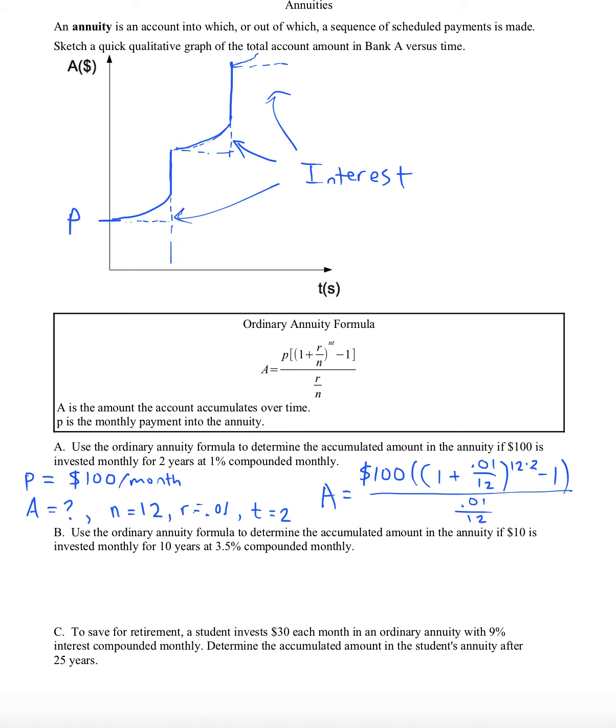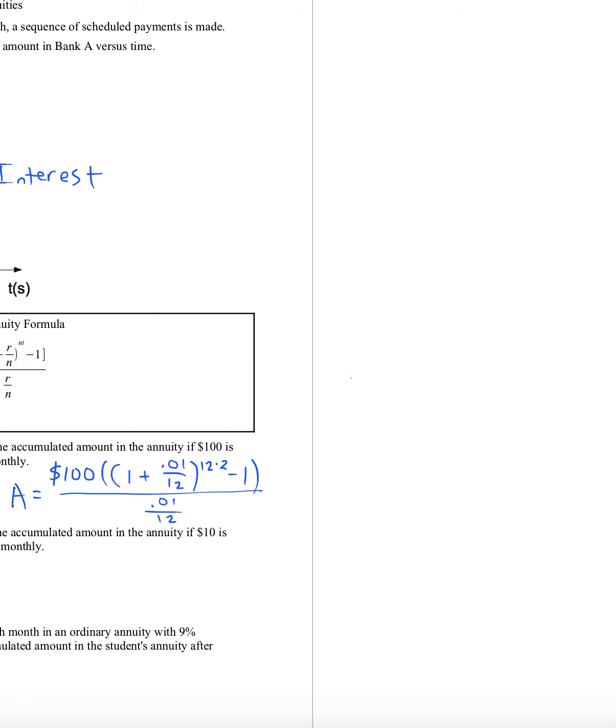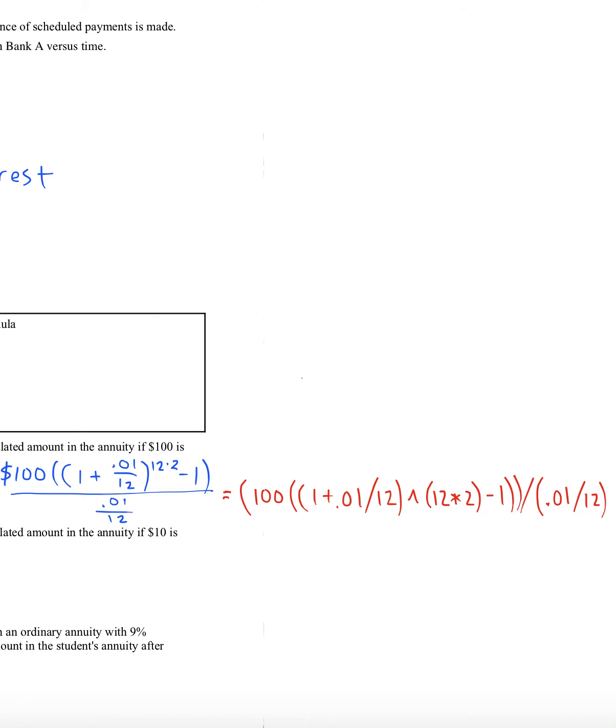Okay, here's the calculation we need. I'm going to go ahead and write out how to enter it into your calculator. Okay, and that's how it should appear on your calculator.